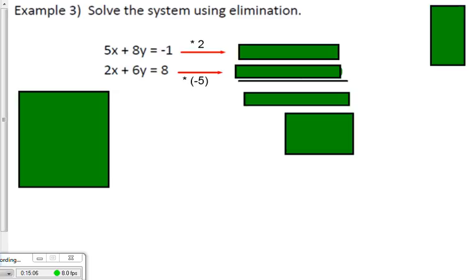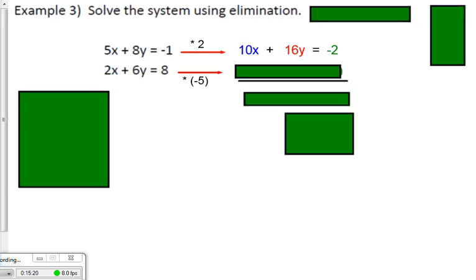Okay, so if I do the top one being multiplied by 2, I'd say 5x times 2 is 10x. Then I take my 8y times 2, that becomes 16y. Take that negative 1 times 2, and that becomes negative 2. So we've changed the top equation to something completely new.